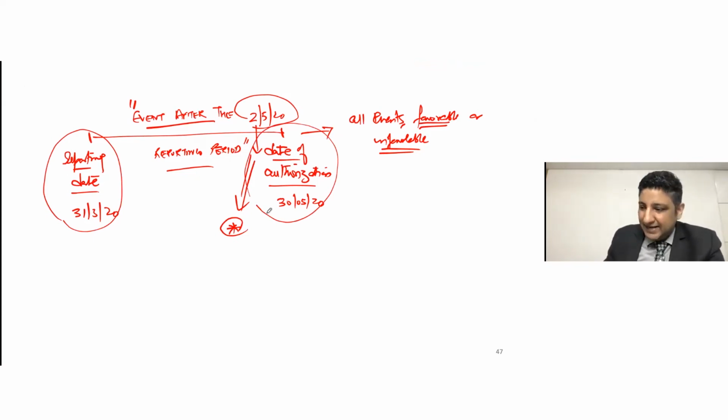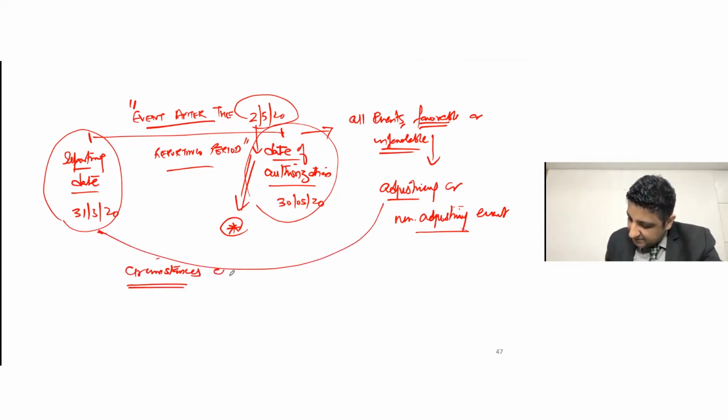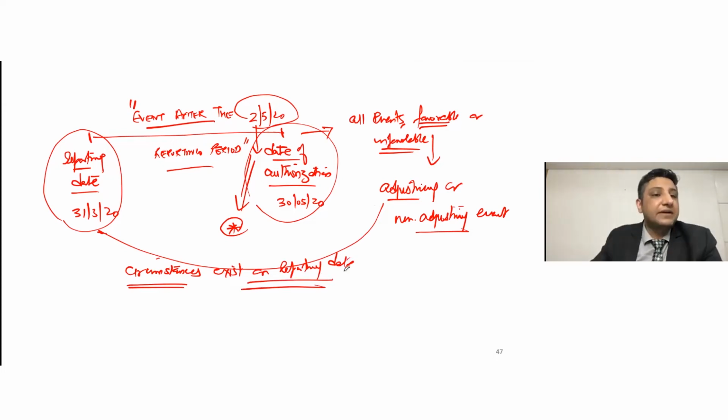Now, the next context that comes is whether this event is an adjusting event or non-adjusting event, right? And that's where we say that the circumstances exist on the reporting date that such an event can take place.